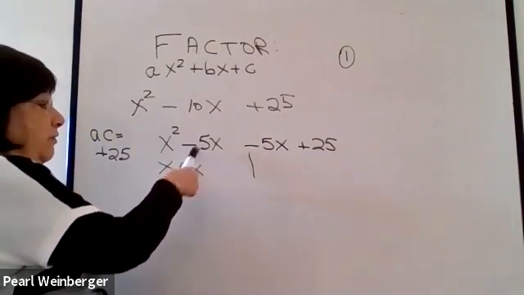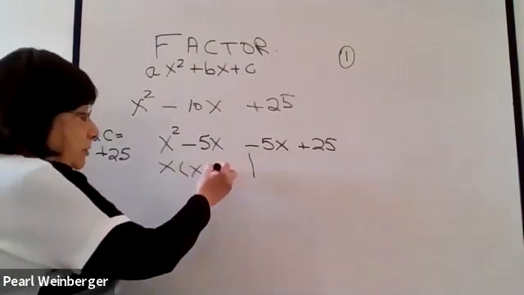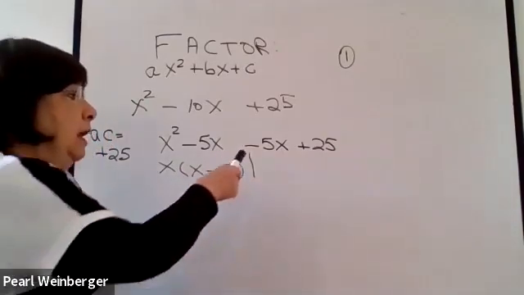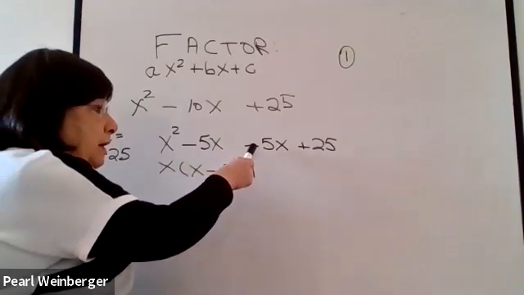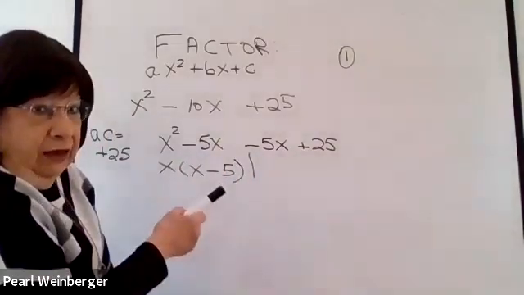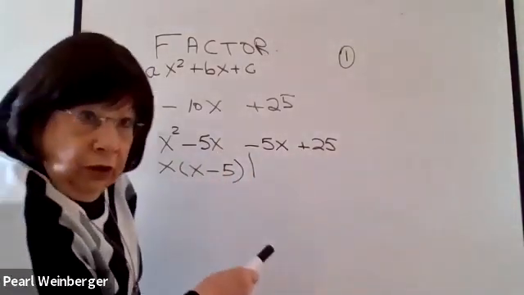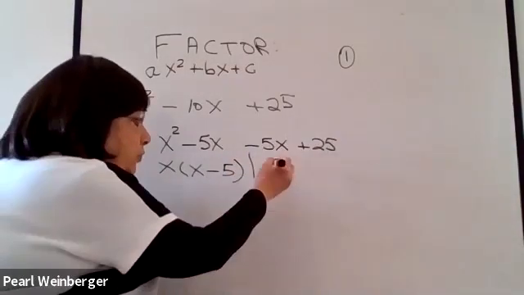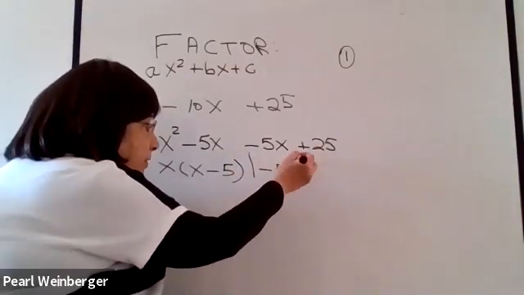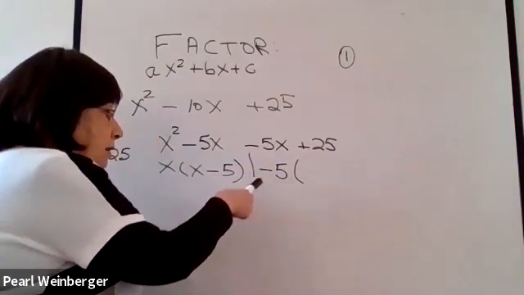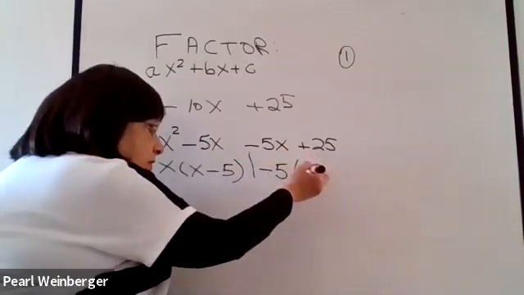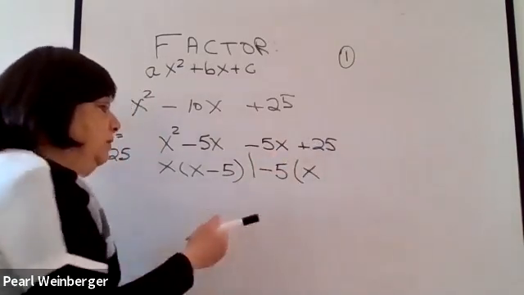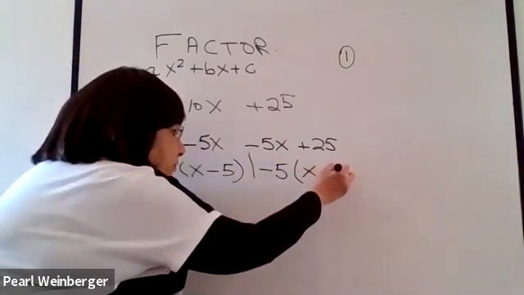X into negative 5x, those x's cancel out and leave me the negative 5. In my second group, it's starting with a negative, so I put a negative, and the common factor is 5. So I put negative 5 on the outside. Negative 5 into negative 5x gives me x. Negative 5 into 25 gives me negative 5.